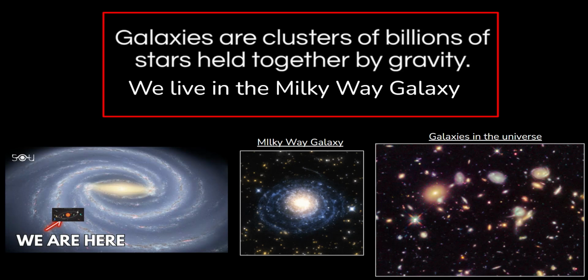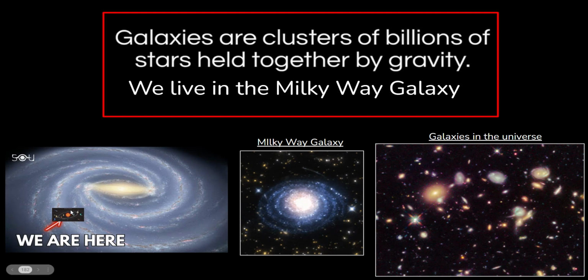So, what are galaxies? Galaxies are clusters of billions of stars held together by gravity. We live in the Milky Way galaxy, although there are many other galaxies out there in the universe. So, our solar system is just our star, which is the sun, and all the planets and other objects revolving around it. But, like I said, there's billions of other stars that are held together by gravity, and that creates a galaxy.